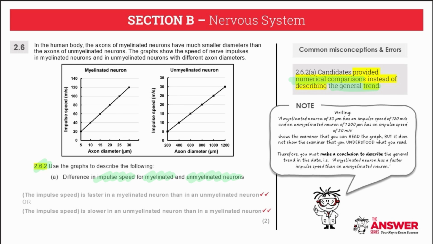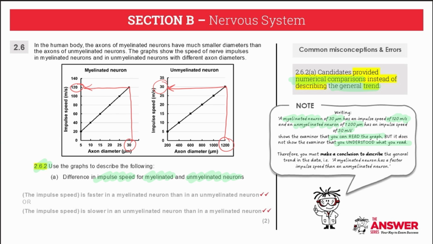So if a learner said a myelinated neuron of 30 micrometers in diameter has an impulse speed of 120 meters per second, and an unmyelinated neuron of 1200 micrometers in diameter has an impulse speed of 30 meters per second. So they've taken that data directly from the graph. That will not receive any marks because it shows an examiner that the learner can read the graph, but they're not really understanding what they've read. They haven't interpreted what they've read at all.